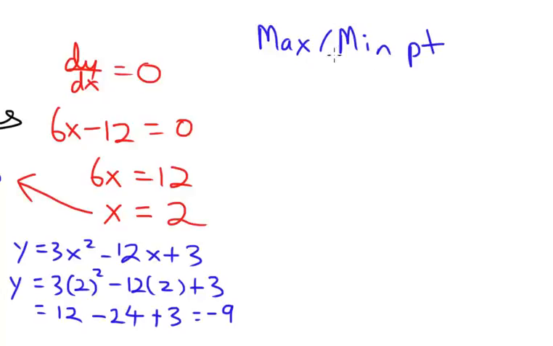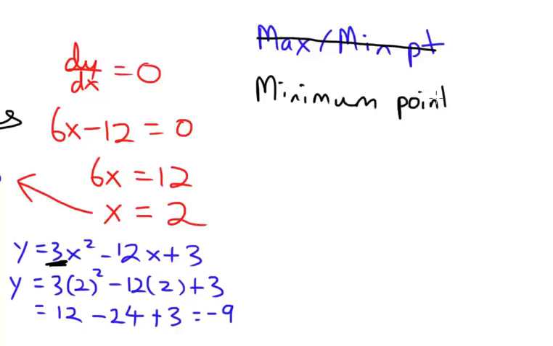So how are we going to determine this? Well, here you can see y equals 3x squared. So here a is positive. When a is positive, it means minimum. So in this case, we will have a minimum point. We will show you how to determine this later.